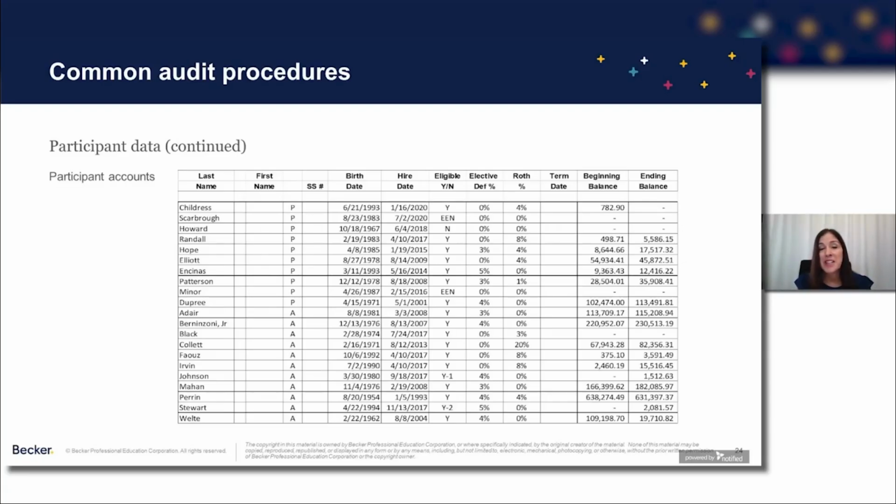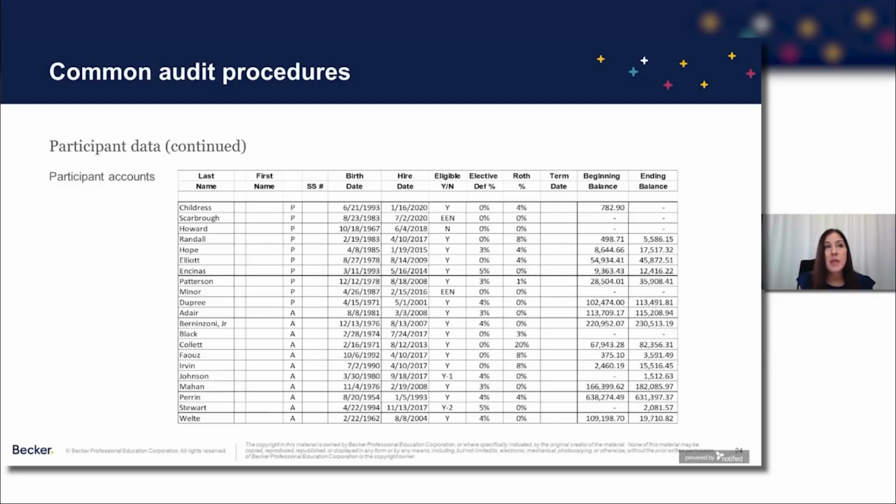I'm pausing there intentionally because I want to emphasize that confirmations are not required in any of our auditing standards for employee benefit plans. They're not required by the IRS. They're not required by the DOL. Now, I have had many people over the years tell me that their peer reviewer, or when they were audited by the DOL, they were told they had to use confirmations.